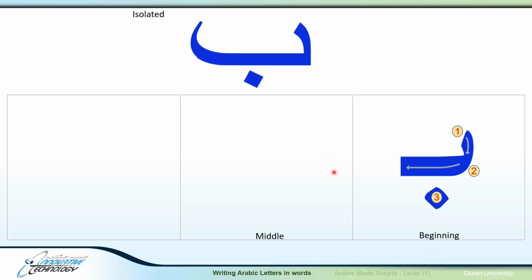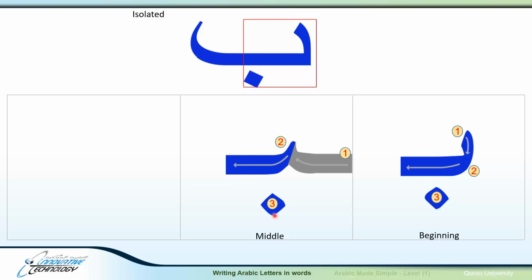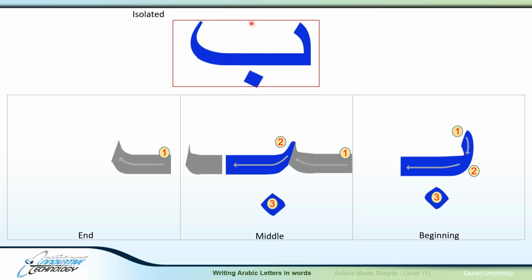Then in the middle, it is exactly this, preceded by a dash and followed by a dash. So a dash first, then the first half of the bed of the ba, and then a dot below, and then it will be followed by whatever letter follows it in the word. Now at the end, we take the dash, then we follow it with the whole ba, a complete ba with a dot below.